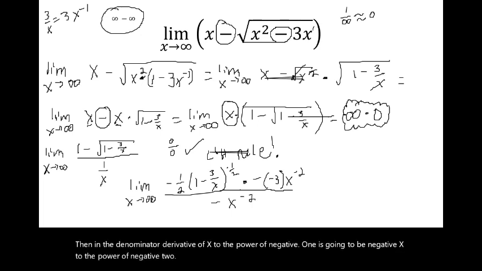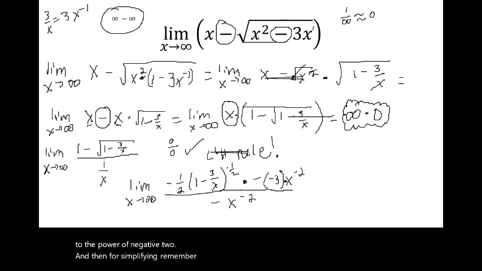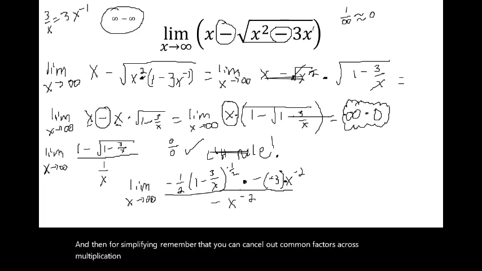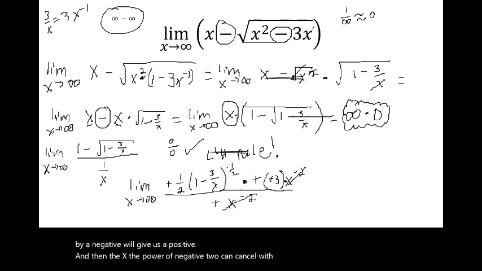And then for simplifying, remember that you can cancel out common factors across multiplication. So first of all, the negative times a negative will give us a positive. Negative divided by a negative will give us a positive. And then the x to the power of negative 2 can cancel with this x to the power of negative 2.